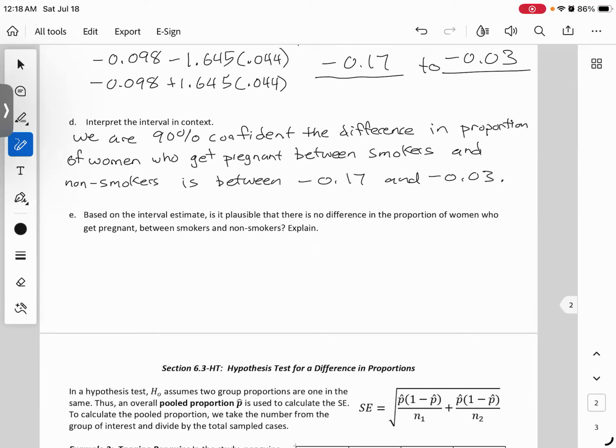And this one's done. The only other thing now is they're saying, is no difference plausible? Like, is it plausible that if you compare the two groups, there's zero difference? Like, the same amount are going to get pregnant regardless of whether you smoke or not?